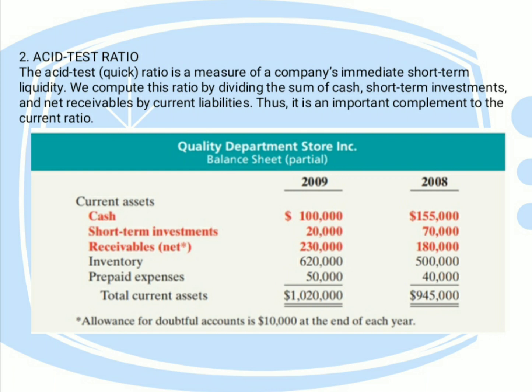The acid-test ratio is a measure of a company's immediate short-term liquidity. We compute this ratio by dividing the sum of cash, short-term investments, and net receivables by current liabilities. Thus, it is an important complement to the current ratio.